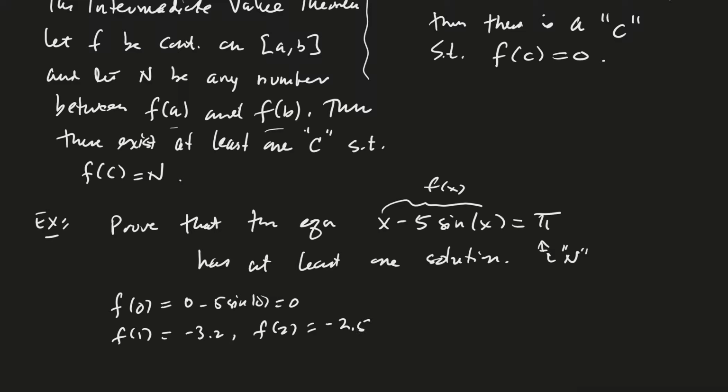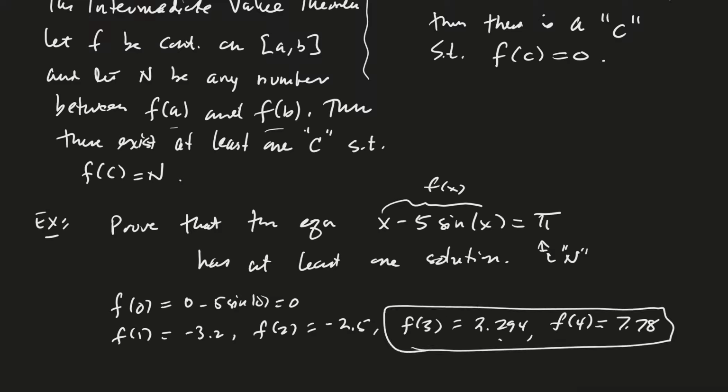That's still less than pi. I'm getting a little bit higher. How about f of 3? I'm just trying out a few numbers here. That's going to be 2.294. That's still less than pi. I keep going. F of 4 is equal to 7.78 something. Hey, there it is. Right? Because pi is between 2.29 and 7.78. Therefore, our solution is between 3 and 4.